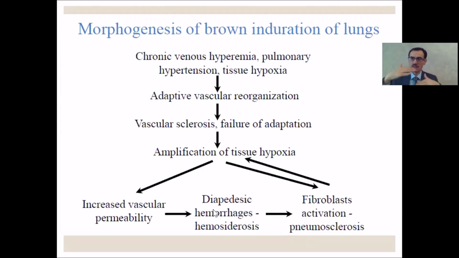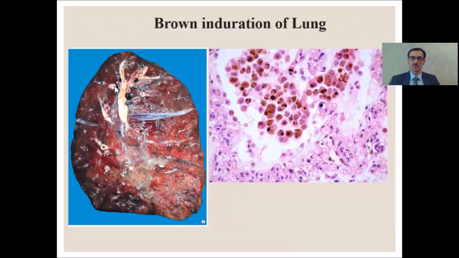When the erythrocytes leave the bloodstream, they undergo hemolysis, and from the hemoglobin, hemosiderin develops. The accumulation of hemosiderin results in hemosiderosis, and after this, scar tissue develops. So, for example, in the lungs, we discussed the liver.